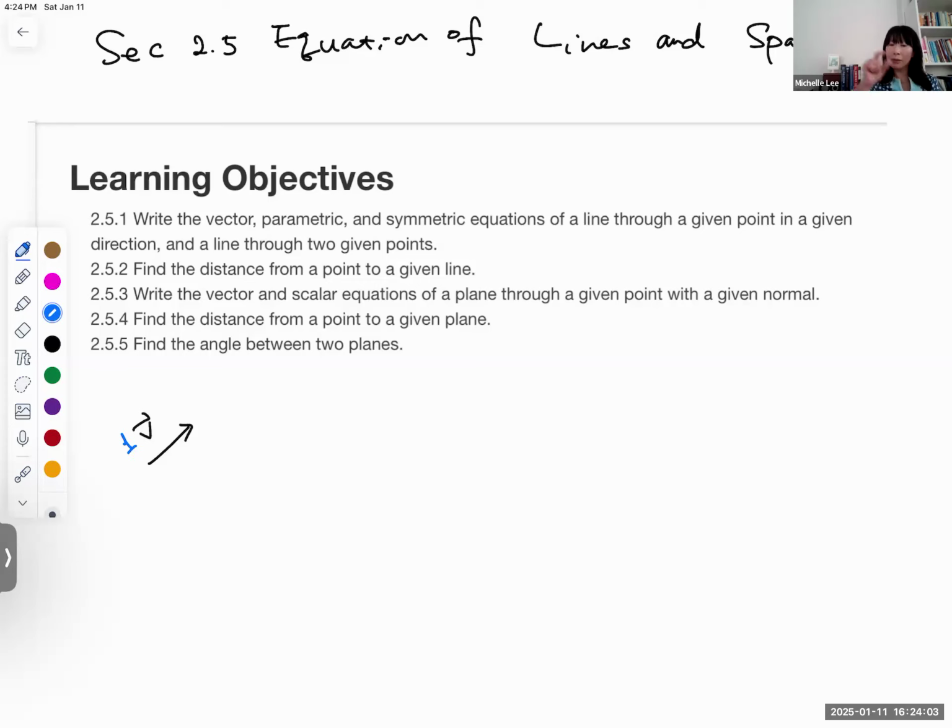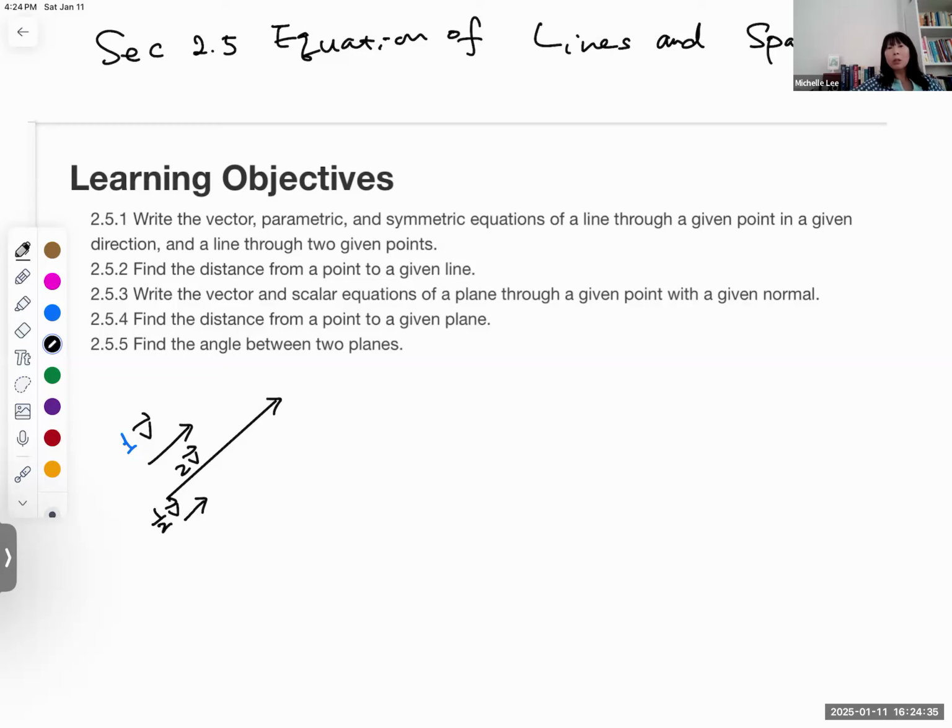That's 2 times vector V. Then we have a vector V and I shrink it by half. That's 1/2 of vector V, right?